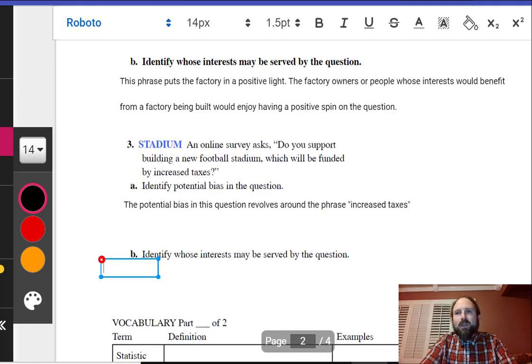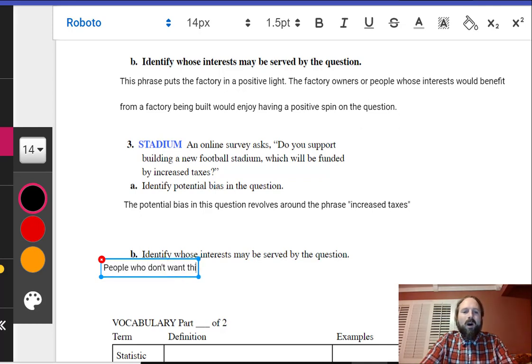I mean, the people who don't want this built, this would serve them, because people who don't want this stadium built would be served by this question. Why? Okay, well, let's go into that.